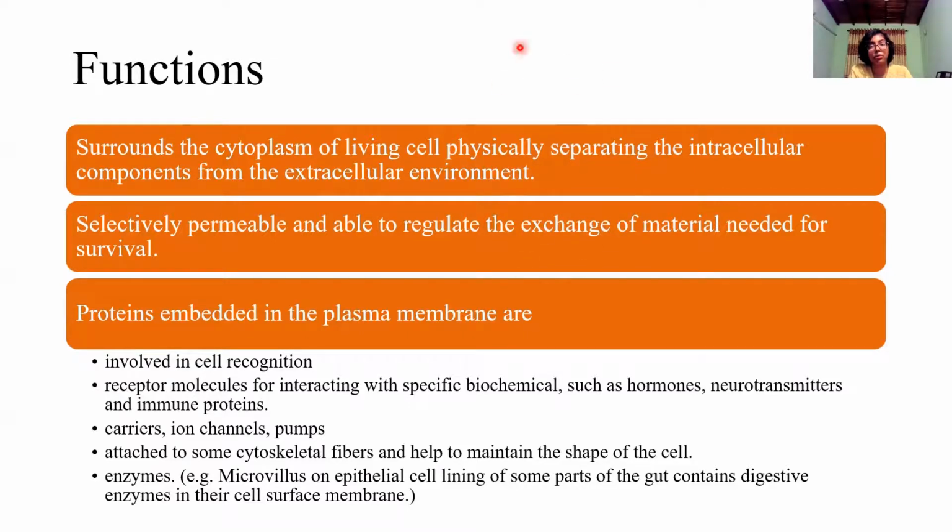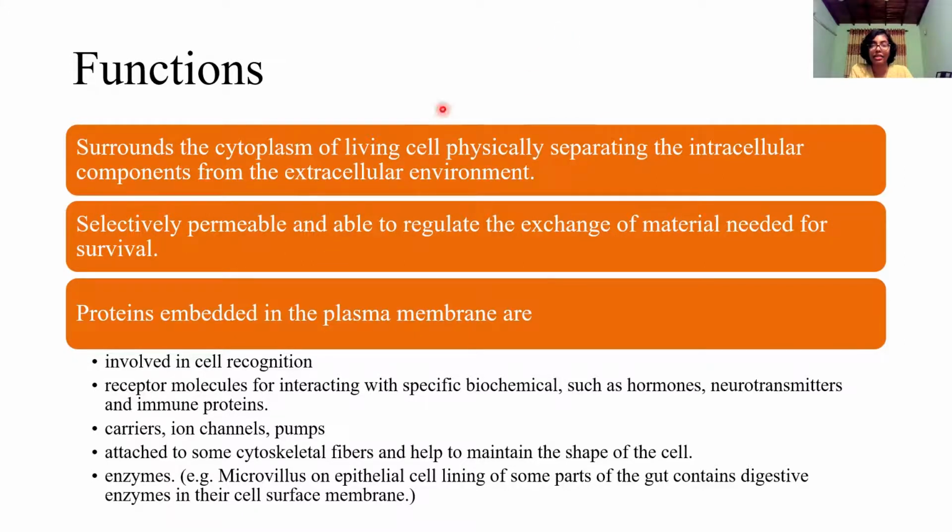They separate both environments, because the intracellular environment has a different composition of ions and molecules, but outside it's different, because they need to be different to maintain a living cell in a normal range.